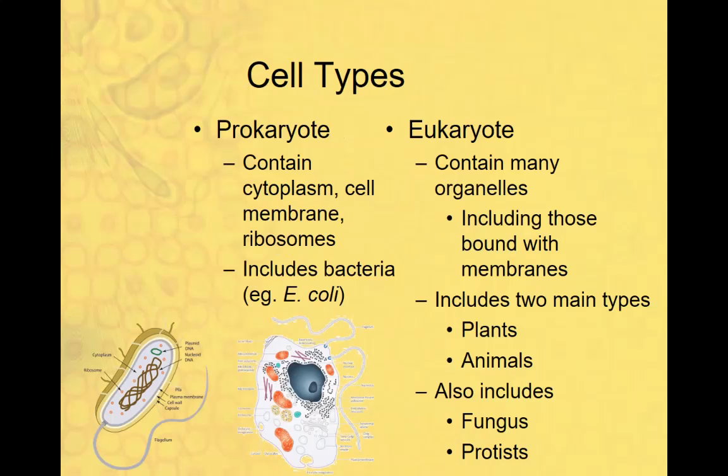Now, that prefix EU means good or normal, and so we call these eukaryotes because we're talking about, well, this is the kind of cell we have. Versus pro means before, like prototype. So these are the cells that came before we did. So eukaryotic cells contain many different organelles, like many.